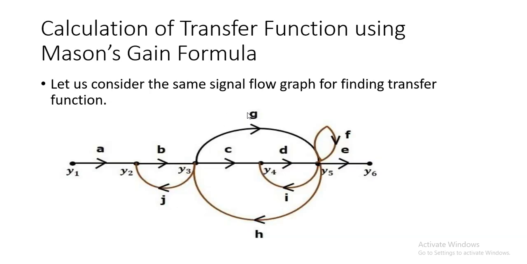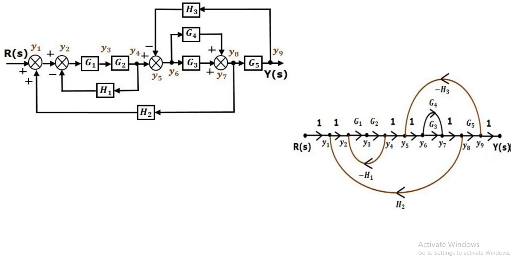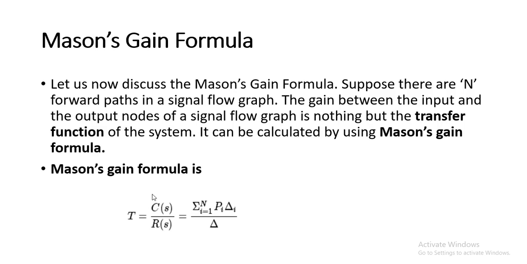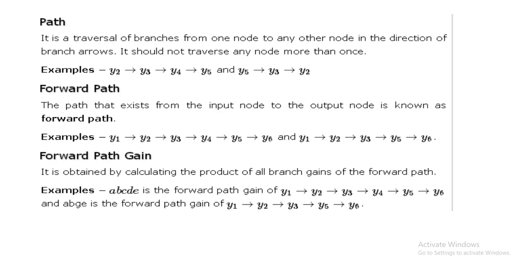In Mason's gain formula that we have seen already, n is now only 2. So P1 delta 1 and P2 delta 2 should be there. Only two things we have to calculate, and after that we have to calculate the delta, and then we will see the remaining part.